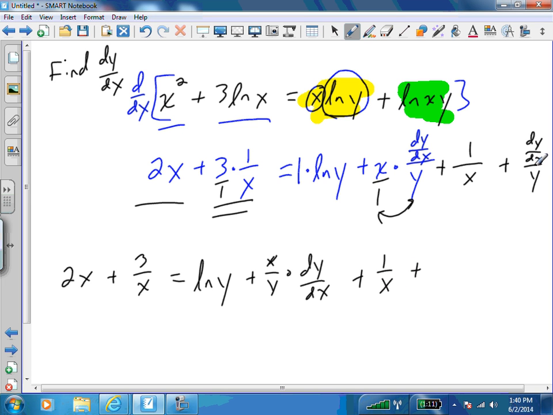We could leave this like this, or we could pull the y out front as a y on bottom, 1 on top, dy over dx. By pulling the dy over dx out of the fraction, that just makes it a little bit easier when we start factoring here.